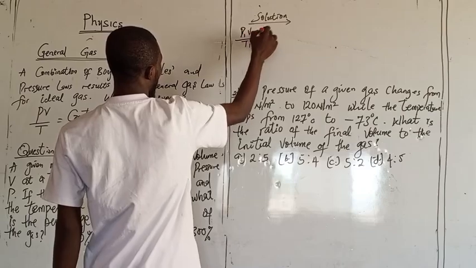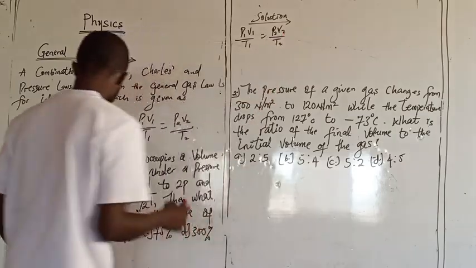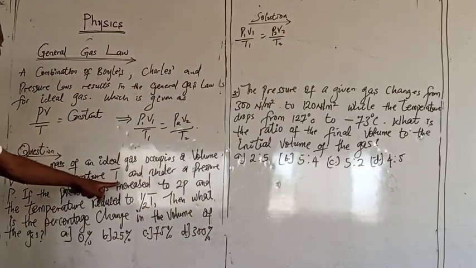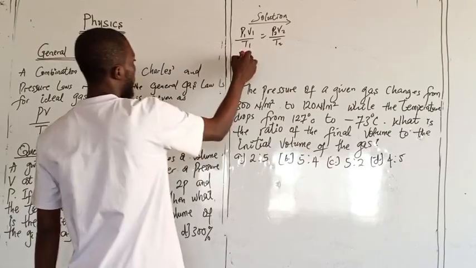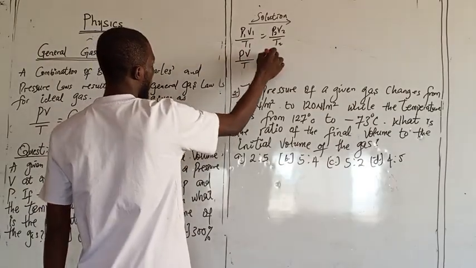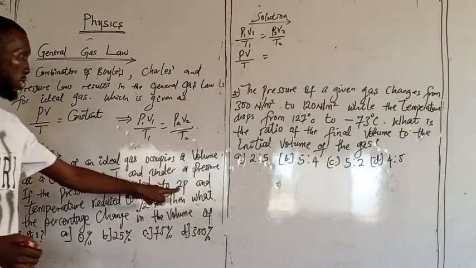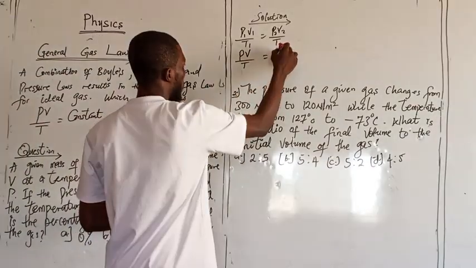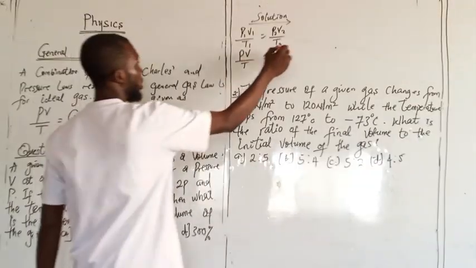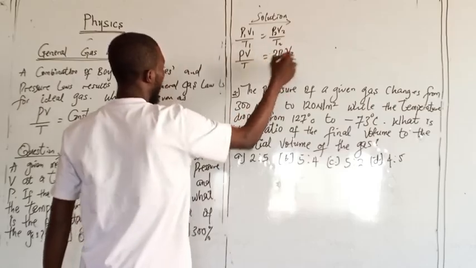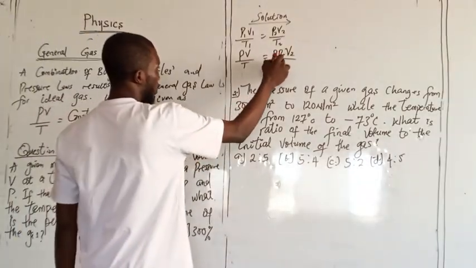From here, P1 V1 over T1 equal to P2 V2 over T2 simply means that T1 is T, V1 is V, and P1 is P. That is PV over T equal to P2, the second pressure, which is increased to 2 times, that is 2P, multiplied by V2, our unknown, all over the second temperature.